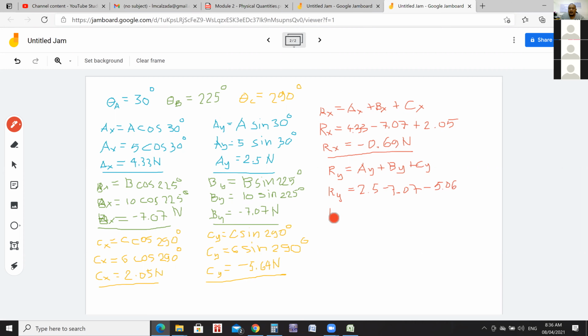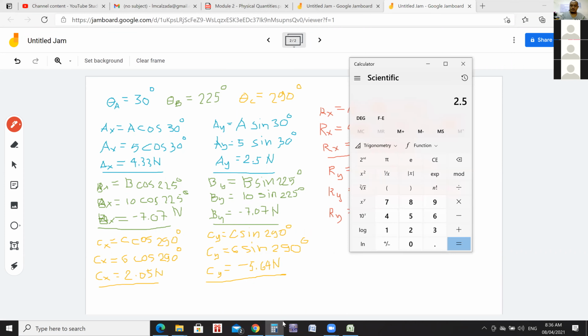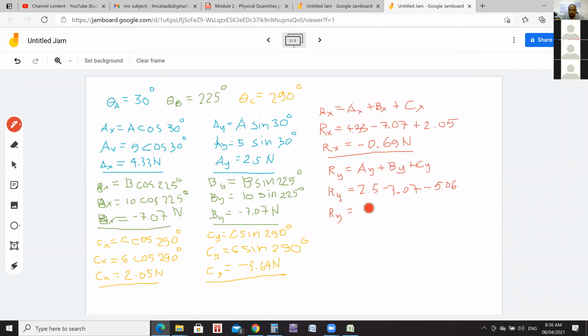Or we have Ry is equals to negative 10.21. Using the calculator, minus 7.07 minus 5.64, answer is negative 10.21. Do you have the same answer? Yes, sir. Negative 10.21 Newton. Okay? Now that is our two components of our resultant vector.